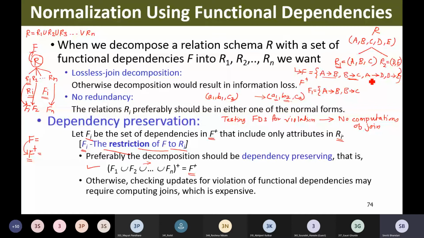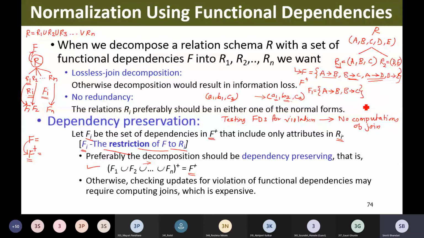We have two attributes, A and D. A belongs to R1 and D belongs to R2. If a functional dependency has attributes that are not all part of R1, then I'll not include it in F1. So this functional dependency will not be included in F1.